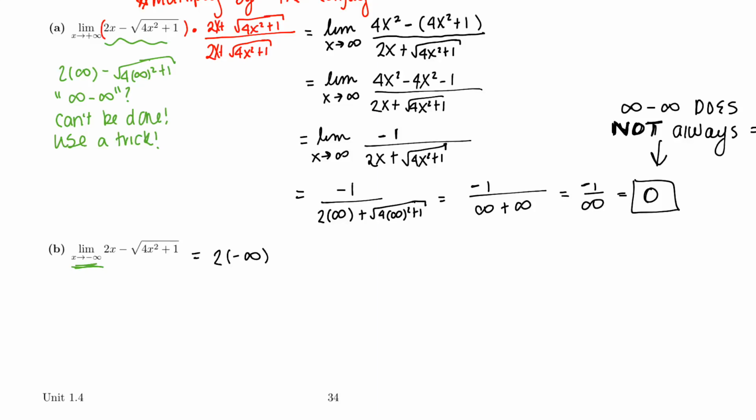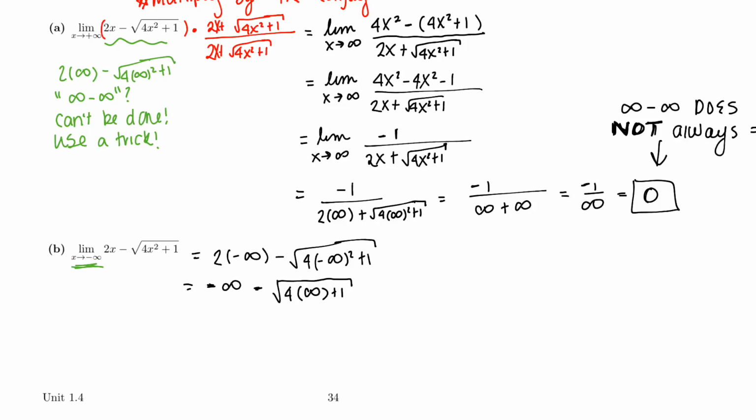So you have 2 times negative infinity minus the square root of 4 times negative infinity squared plus 1. So 2 times negative infinity is negative infinity, minus the square root of 4 times negative infinity squared, which is positive infinity, plus 1.